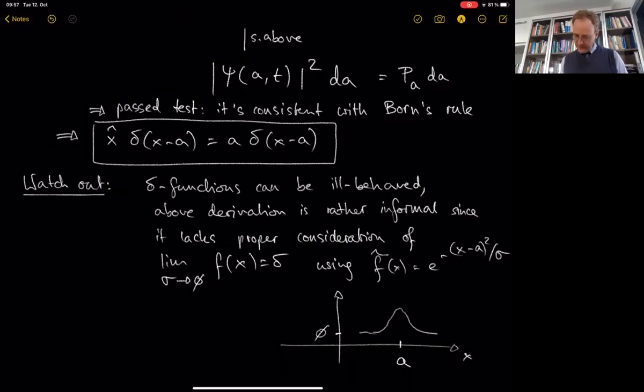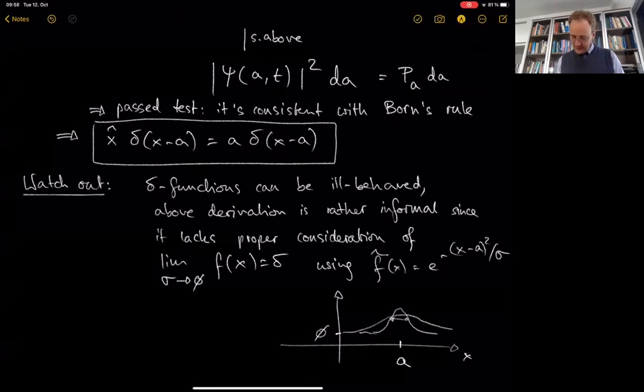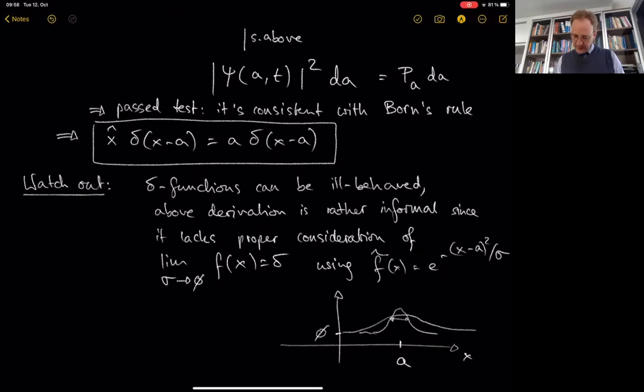Then this has a certain width, sigma width, and you have to discuss how this changes as your sigma varies.